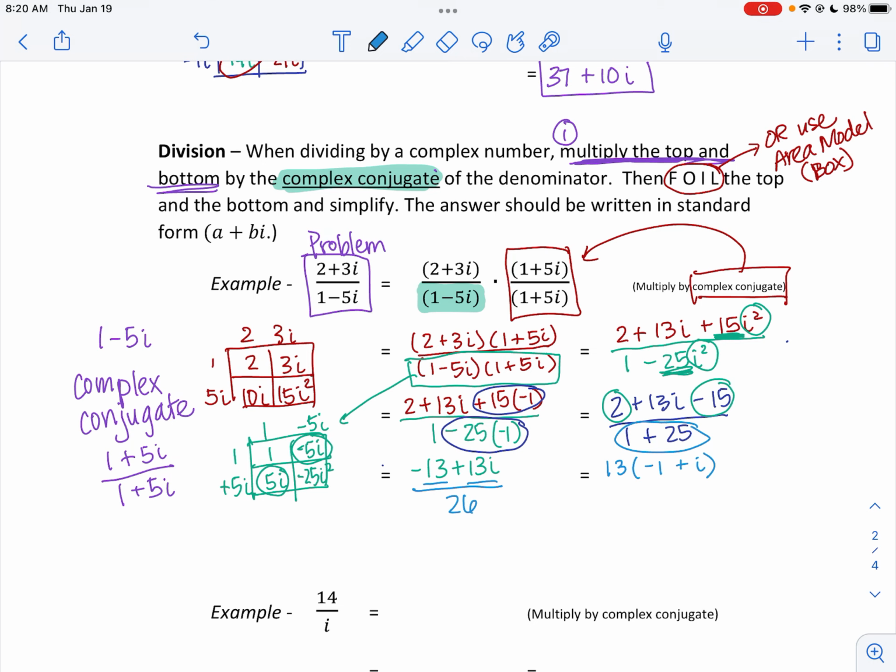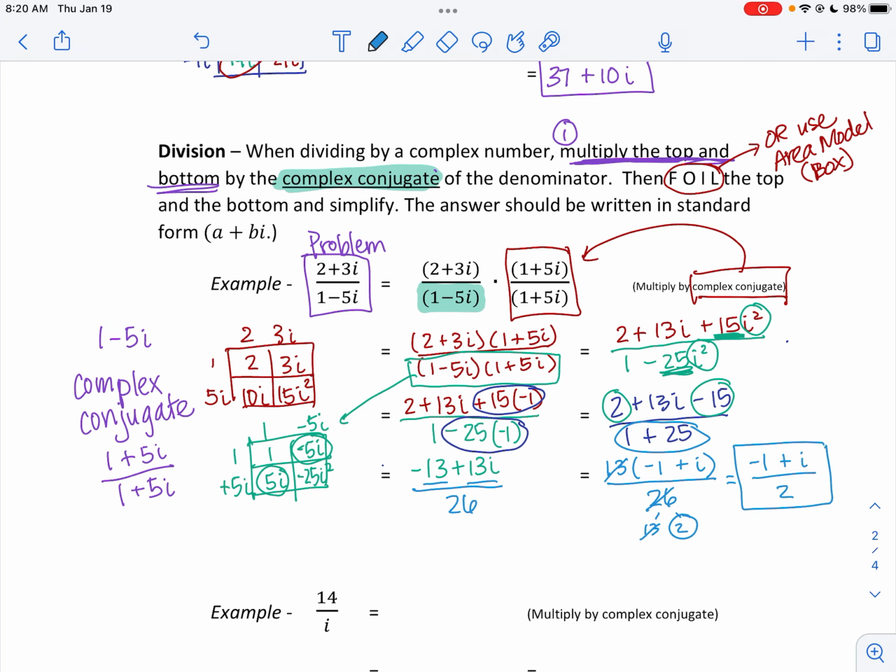So I basically divided it out, so that I have one term times another group of terms. Then I have 26 here, which is the same as 13 times 2. So I can simplify this and get 2 left over, right? So this final answer will be (negative 1 plus i) over 2.